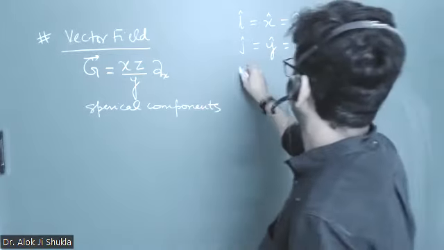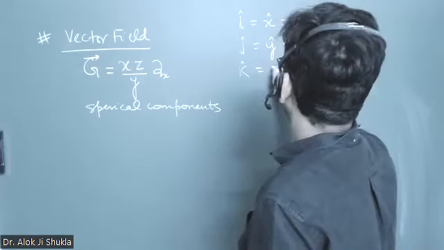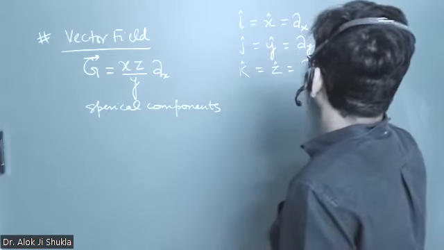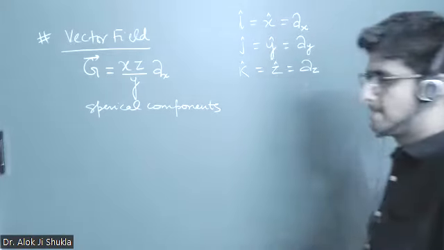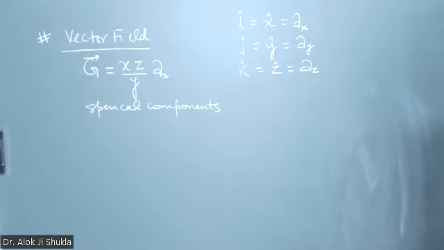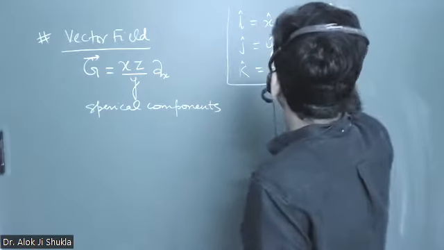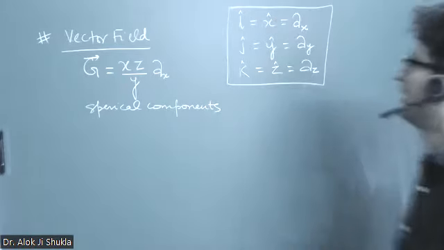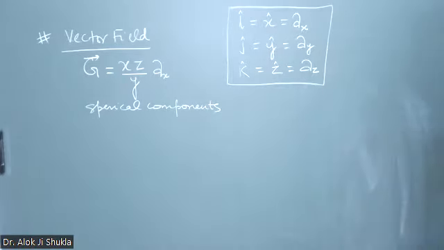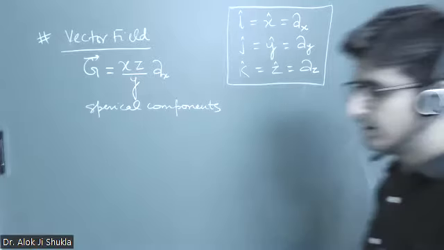And K cap can also be written as Z cap, is AZ. Okay, note this down. We have to be very comfortable with all types of notations. So try this to write it in spherical components.